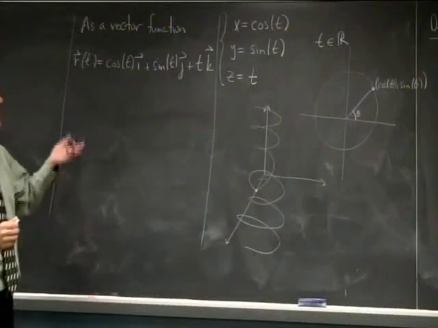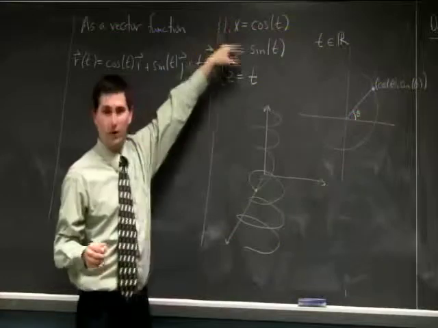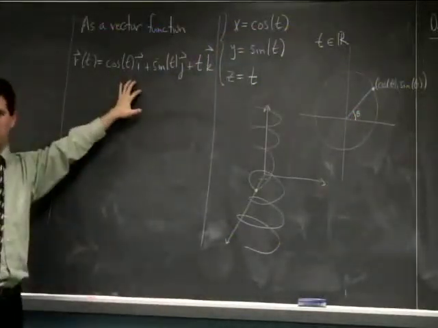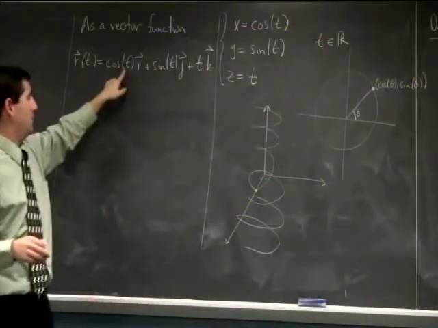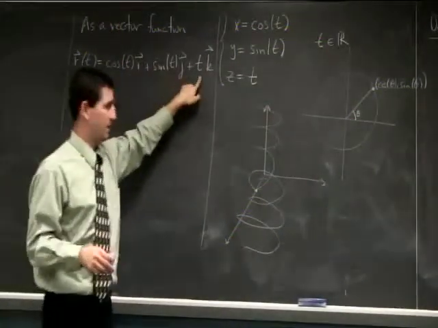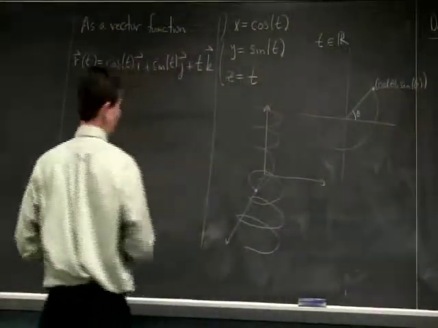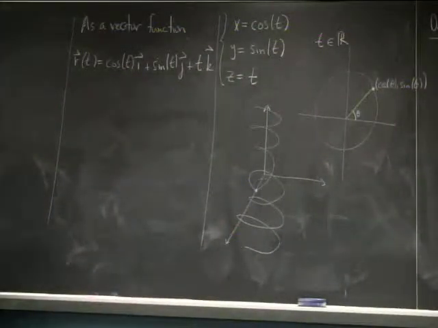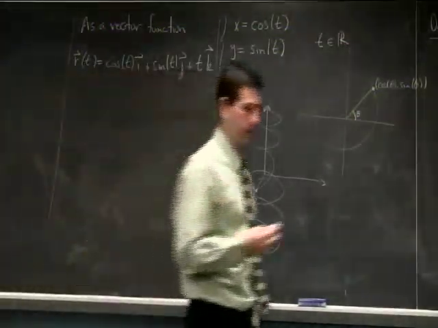Of course, if you take any set of parametric equations, you can turn it into a vector function using this as a model. And if you start with a vector function, you can say, okay, x is the first component function, y is the second component function, z is the third component function. And you'll get a set of parametric equations.